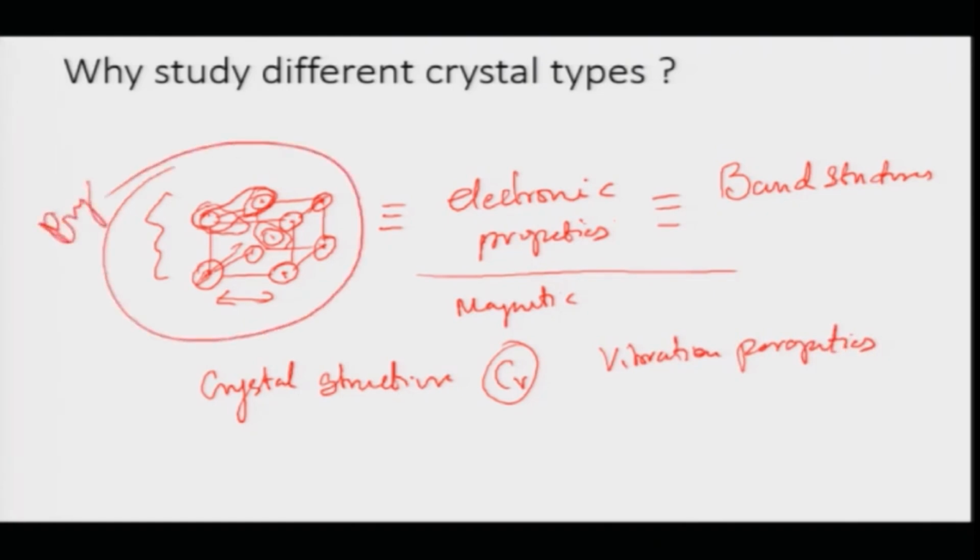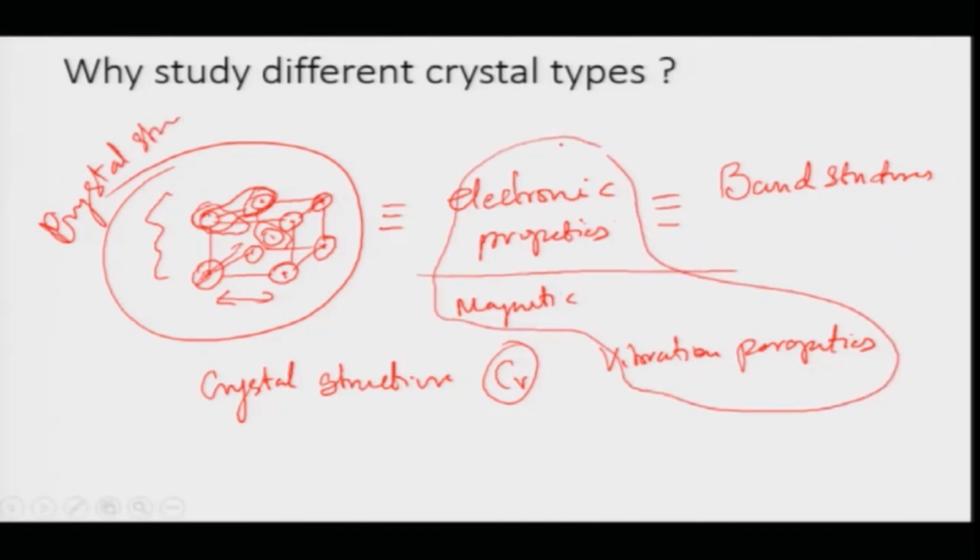The type of crystal structure controls all these different properties. So, what the crystal structure is, is very important. It is an important ingredient in understanding the electronic property, magnetic property, and vibrational property.